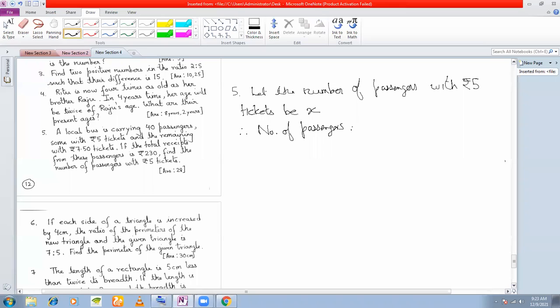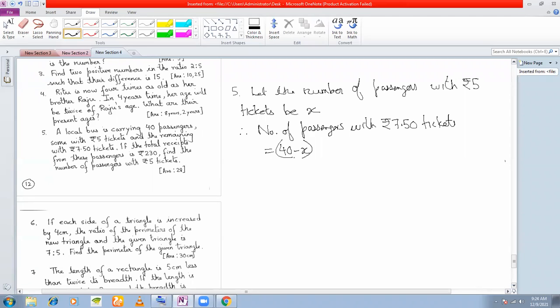So number of passengers with 7.5 rupees tickets will be how much? 40 minus X. 40 minus X, right?